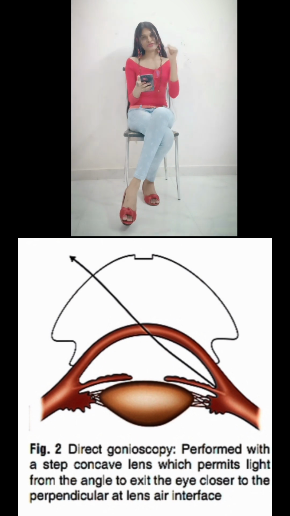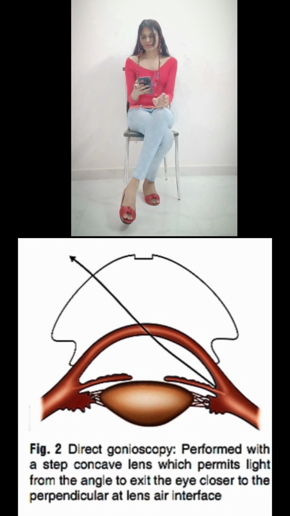The anterior curvature of the direct gonioscopy lens is steeper than the cornea, means it is more convex, so that the angle of incidence is reduced than the critical angle. So the light rays are refracted into the rarer medium. Here it is air. So we can see the angle. It can reach the examiner's eye.